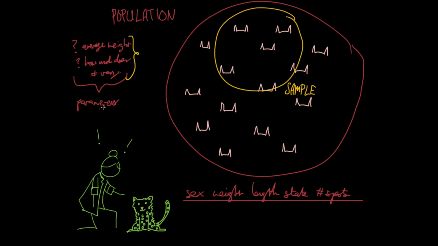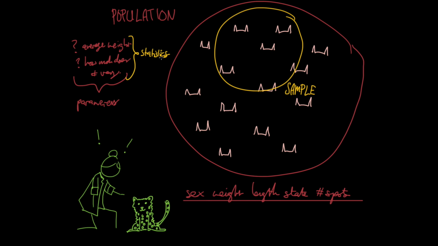And so just like we have parameters for the population, we have statistics for the sample. Now, that might be a bit confusing at first. You might be thinking, statistics, isn't that what we're studying? Well, this word here doesn't mean the field as a whole, what we're learning.